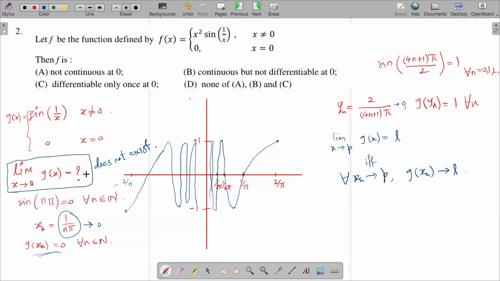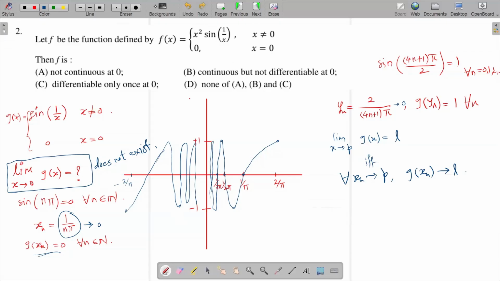Okay, so this limit does not exist if I am having only sin x. But something useful happens when we multiply by x or x square. And I'm not going to prove it, because the whole lecture will go just in this discussion. So I'll just disclose it, you try to see why it is true.